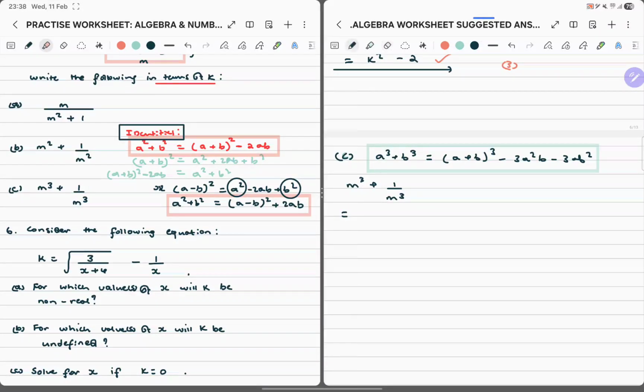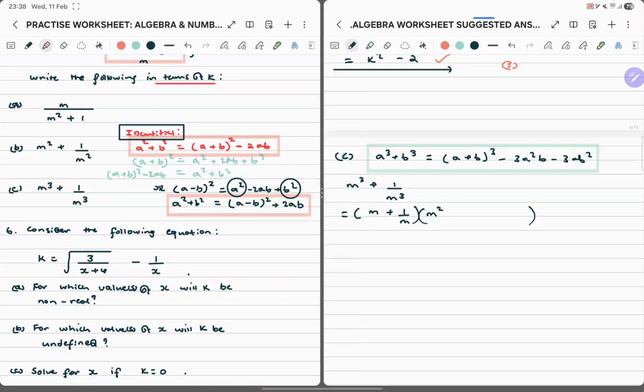But let's try. This identity says we'll have the cube root plus the cube root over here. And then here, this one must be a trinomial. So we will then say this is m squared. So this is m squared.